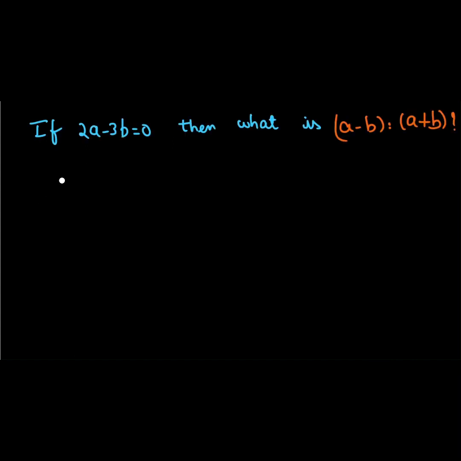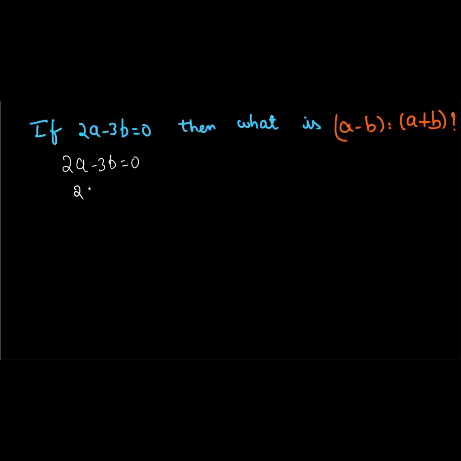Let's understand with an application. If 2a minus 3b equals 0, then what is a minus b is to a plus b? Let's solve this question using the componendo and dividendo rule. We have 2a minus 3b equals 0. We have to convert this equation into proportion form.